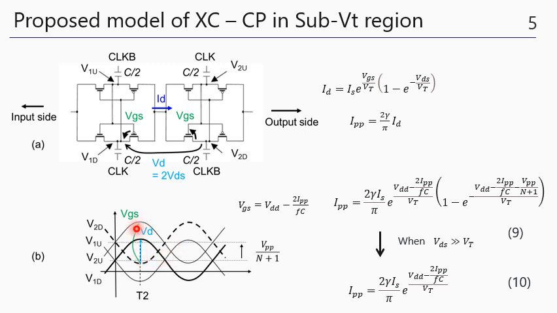And here the VGS can be given by this. If you compare this with the previous slide, this VGS has no VPP term. This is a significant difference from the single diode case.